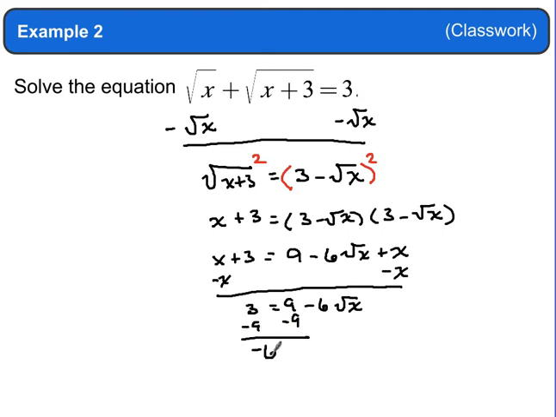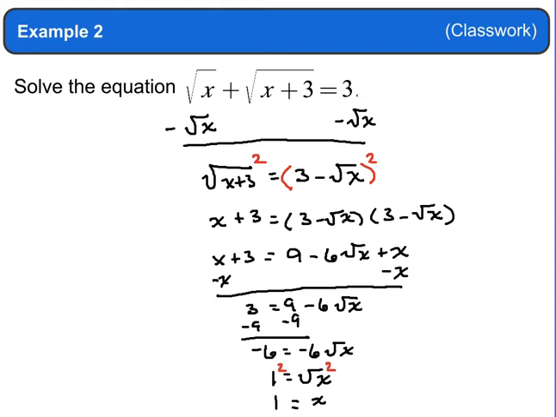That's going to give us a negative 6 equals negative 6 square roots of x. And then divide by negative 6. So now 1 is going to equal the square root of x. And then again, to undo a square root, you square both sides. Those cancel. And then x is going to equal 1.